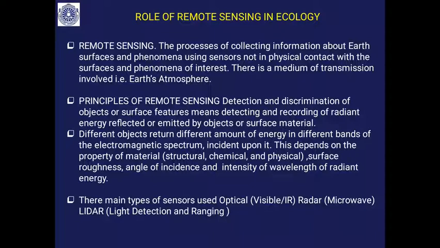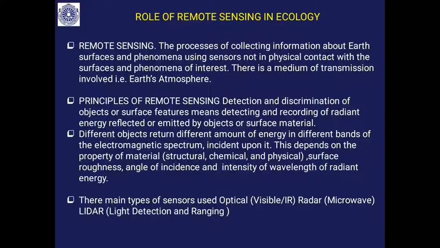We are placed somewhere else and we are able to acquire that data, and know what is happening there. Is there a forest fire, or a flood, or deforestation, and what is the extent of deforestation. All these we can get as data from a distance. So, this is how remote sensing technology is used in ecological monitoring or ecosystem monitoring.